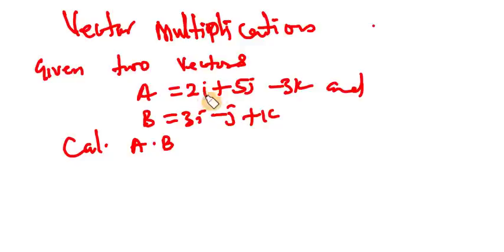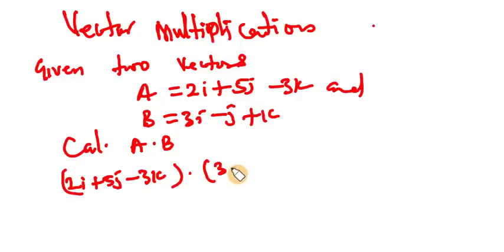Given two vectors, a equals 2i plus 5j minus 3k and b equals 3i minus j plus k, we can find the dot product by saying 2i plus 5j minus 3k dotted with the vector b, which is 3i minus j plus k.